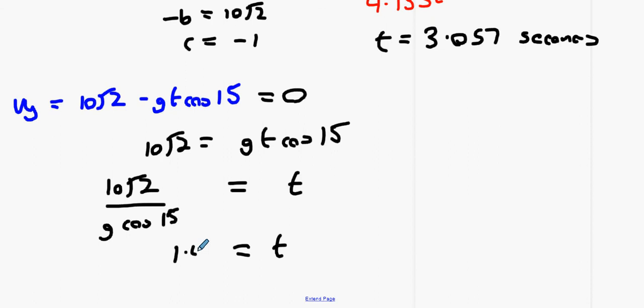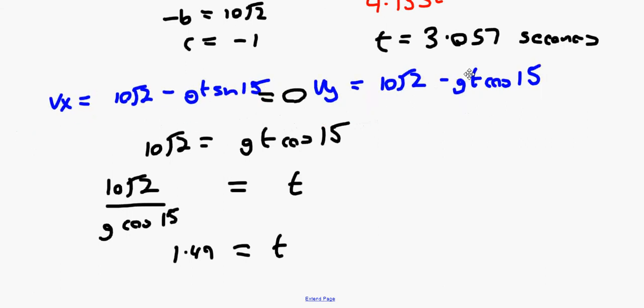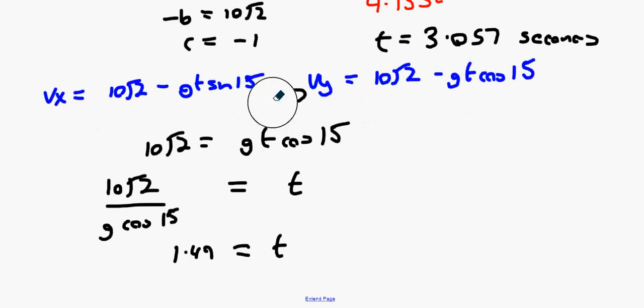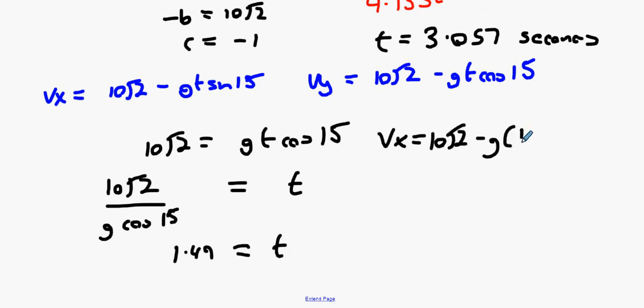No bother. Now, do I have to do Pythagoras' theorem to find the magnitude this time? Why not? One of them's 0, isn't it? So it's only the phi x you need to worry about. Now, the phi x equation is here. Magic. Phi x is 10 root 2 minus g times t, which is 1.49, times sine 15.